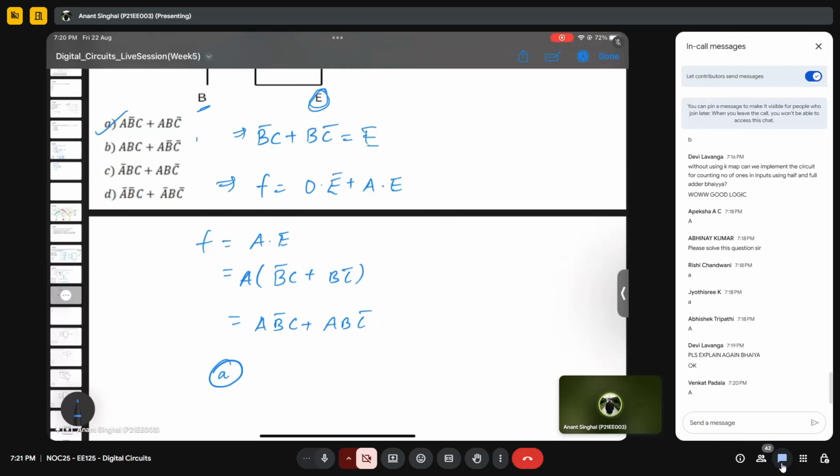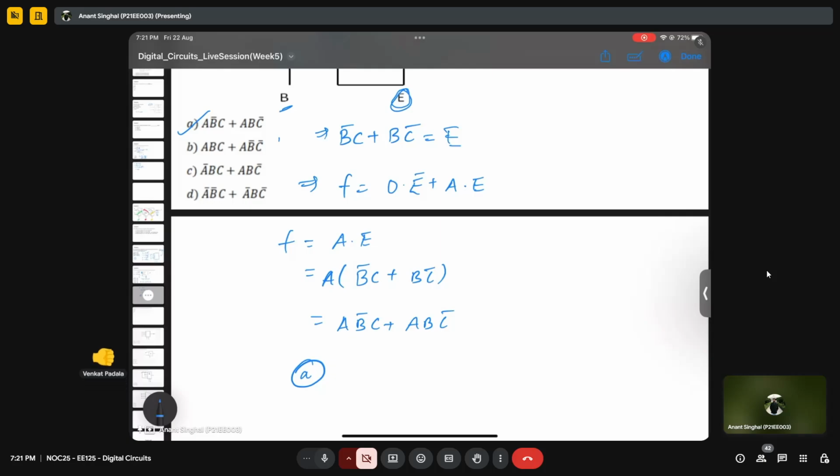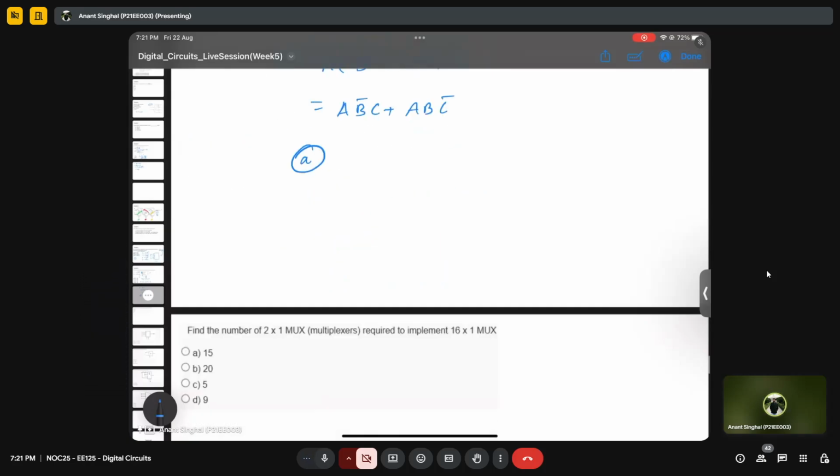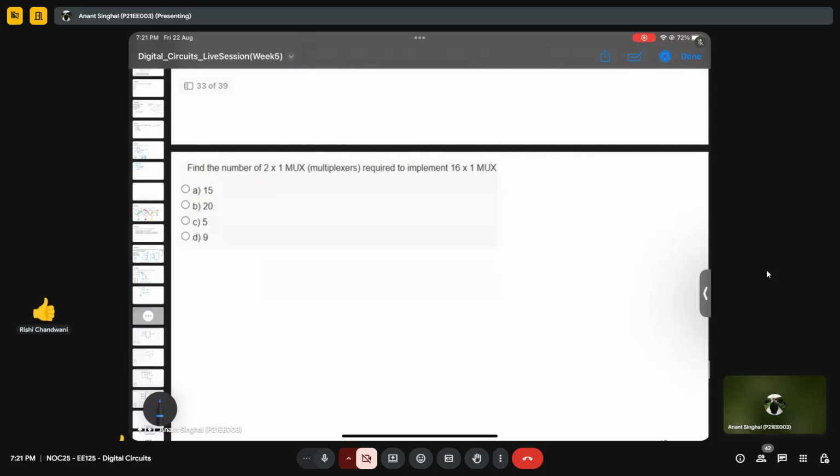Is it clear to everyone? Okay, let's move ahead. It says find the number of 2 cross 1 mux required to implement 16 cross 1 mux.